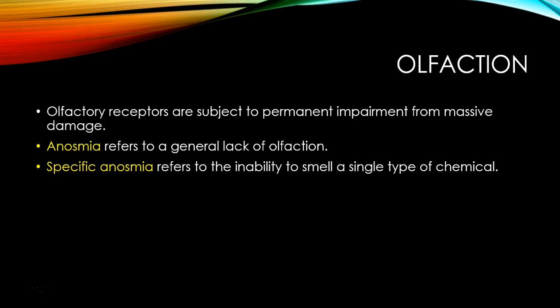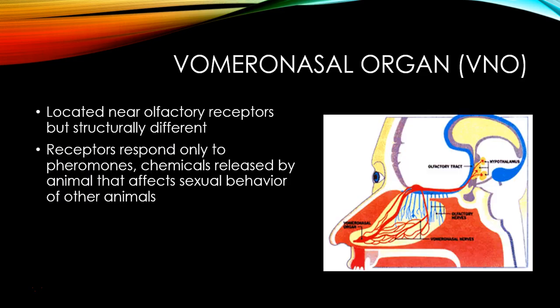And so those can get damaged. And with massive damage, they are permanently impaired. We've got the word anosmia that refers to a general lack of olfaction, general lack of smell, and a specific anosmia, that's a specific inability to smell a particular type of chemical or a particular smell.